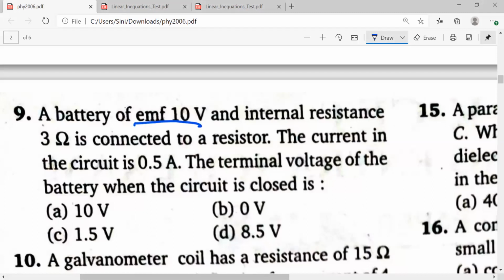A battery of EMF, then internal resistance 3 ohm is connected. What is the terminal voltage of the battery? So guys, what is the EMF? EMF is equal to the sum of all other voltages, V1 plus V2.